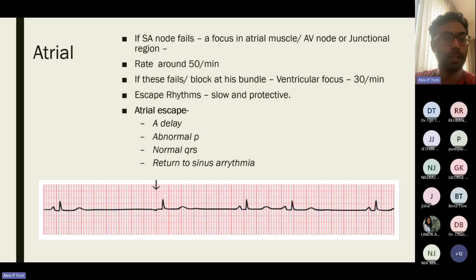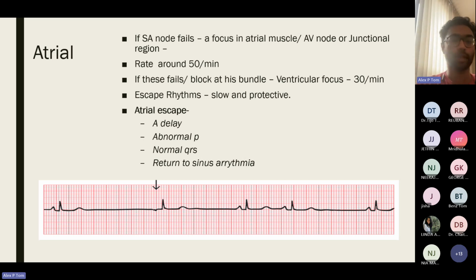Okay, so the next atrial rhythm that I would like to discuss here is an atrial escape. It's not a rhythm, you'll basically see an abnormal atrial escape beat. If the SA node is not able to keep generating impulses and is not being the boss anymore, then someone else has to take up that role.